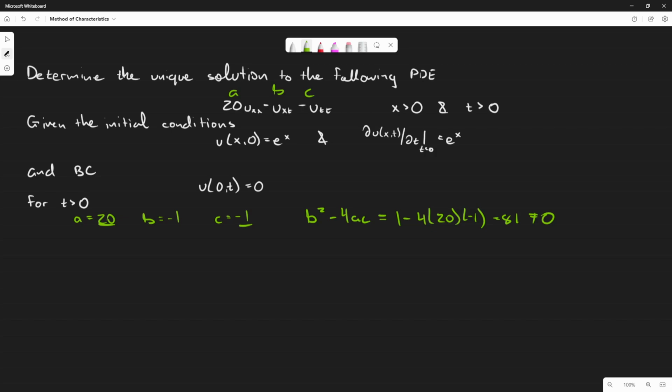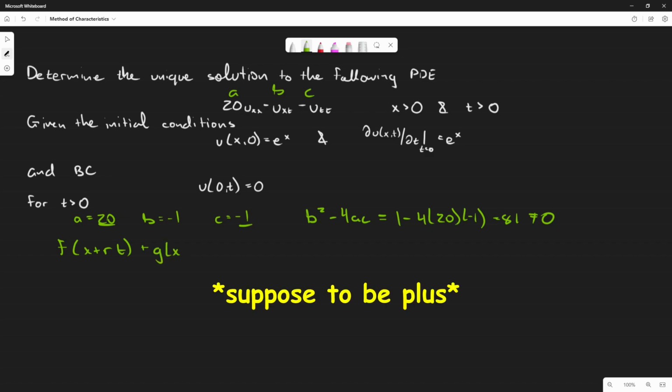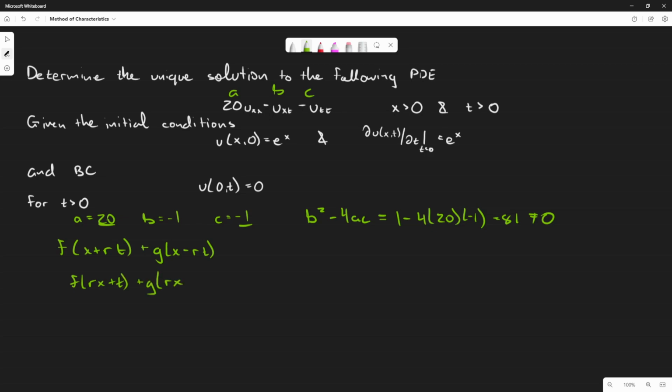In one case, you'll have f of x plus rt plus g of x minus rt, and in the other case you have f of r1 x plus t plus g of r2 x plus t.